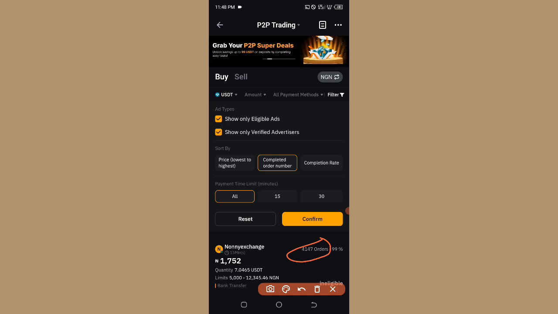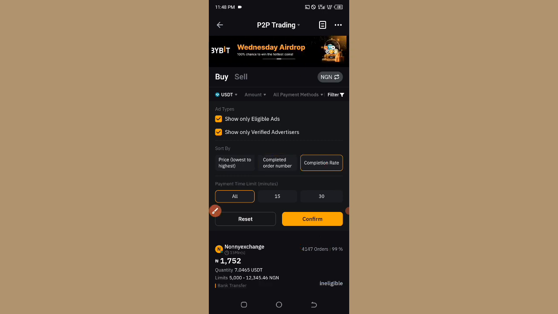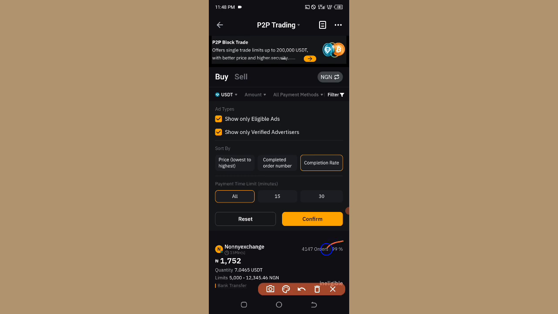So you can see completion rate. Completion rate is the percent that Bybit has rated the person based on how fast the person is in the completion of his or her order. Some people are not fast. You send money to them and they will be telling you one thing for 2 hours, your coin is there to be released.